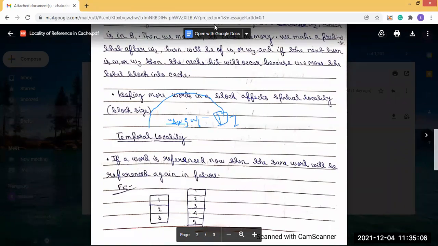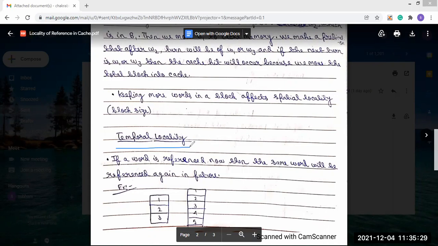The next is temporal locality. Now we know temporal locality is related to time. We have already said that the CPU has the tendency to access the same block again.